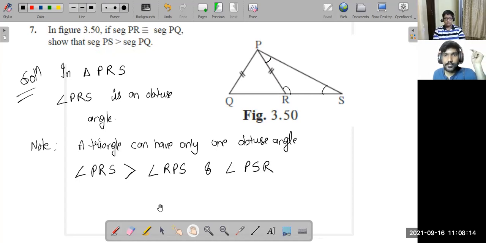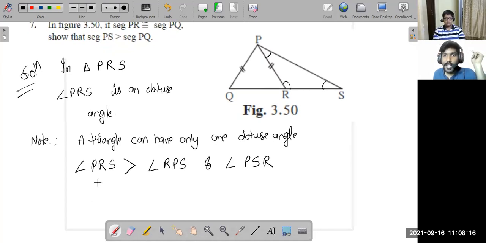That means, which is the side opposite to angle PRS? PS. That means PS will be greater than the side opposite to angle RPS.